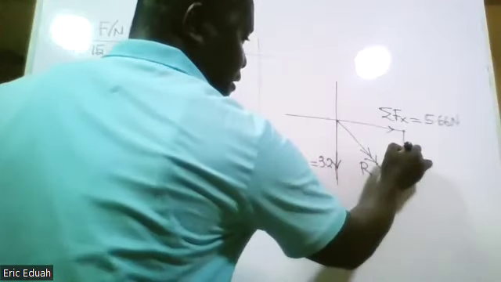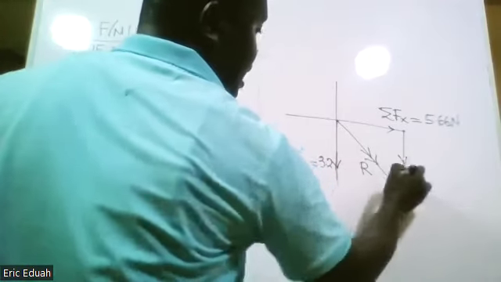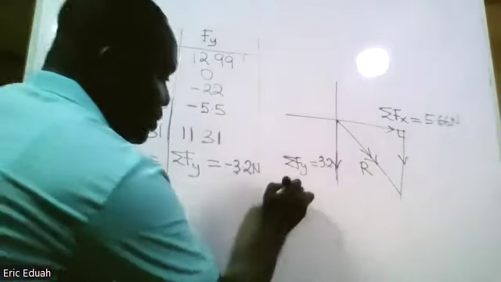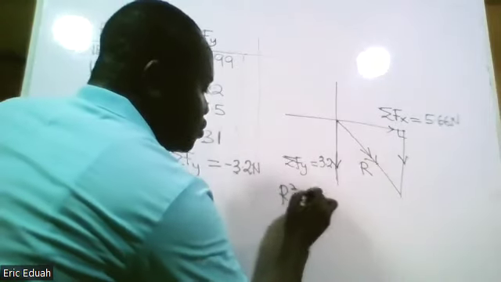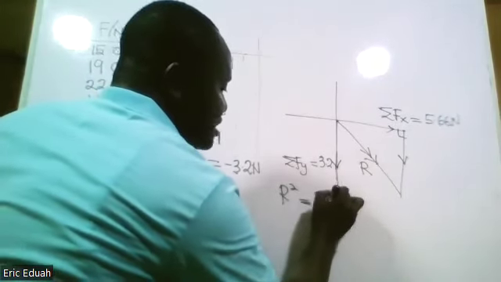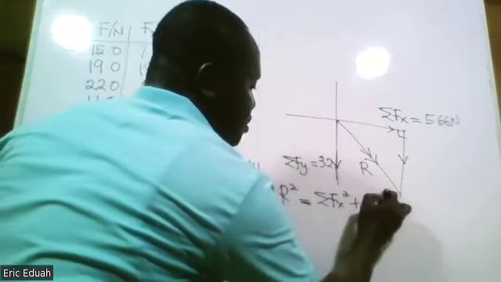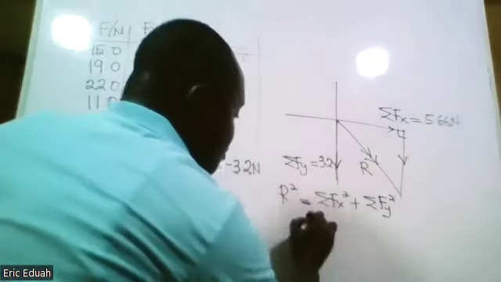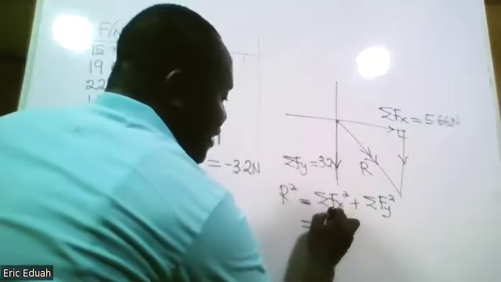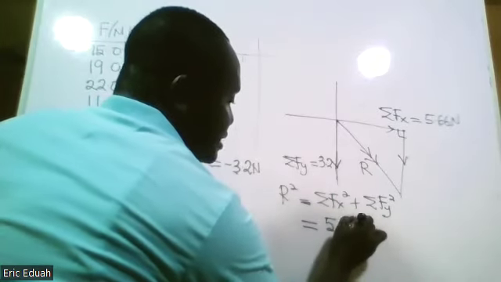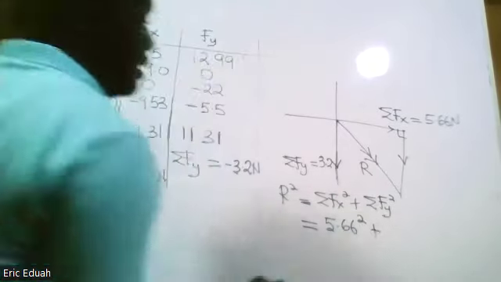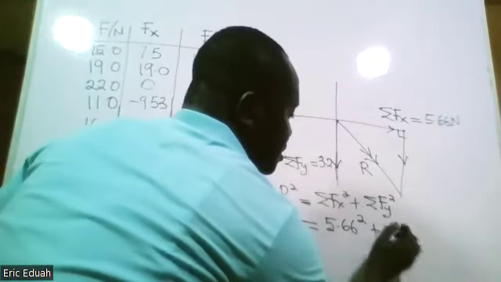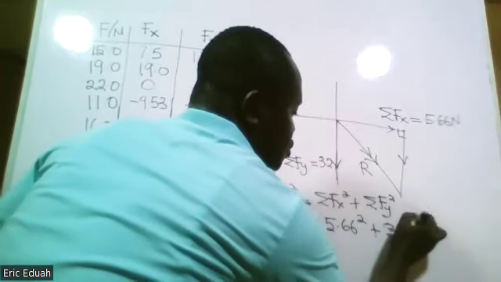Therefore, our resultant can be obtained using Pythagoras theorem. R squared is equal to summation of fx squared plus summation of fy squared. Fx 5.66 squared plus fy 3.2 squared.